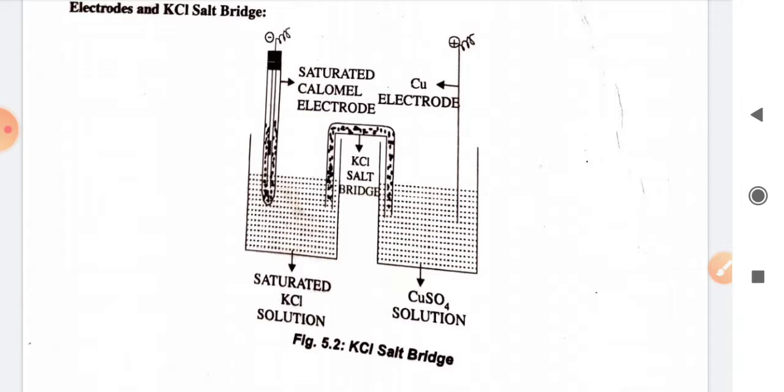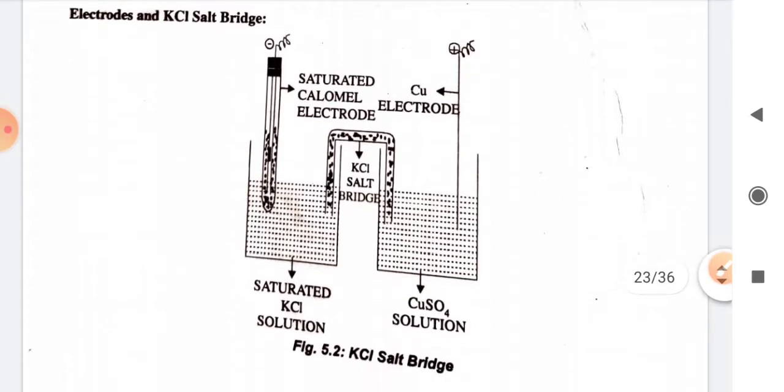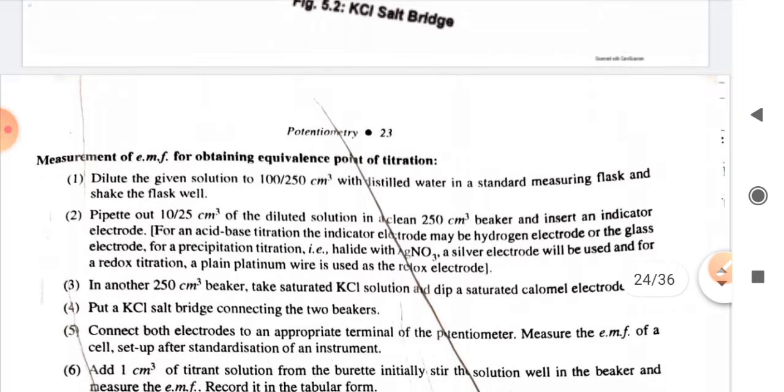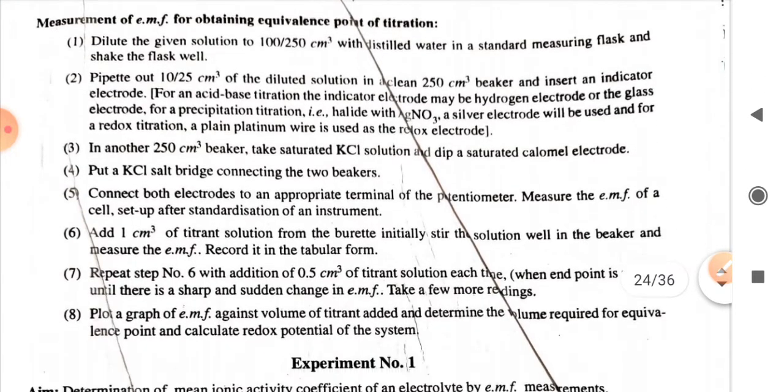For that purpose we will require only one type of solution. If there are two types of solution and we try to measure the potential difference between those two types of solution, we use the potentiometer. And if we have only one solution, then we use the glass electrode for the measurement of potential.